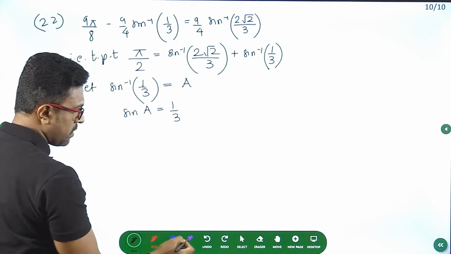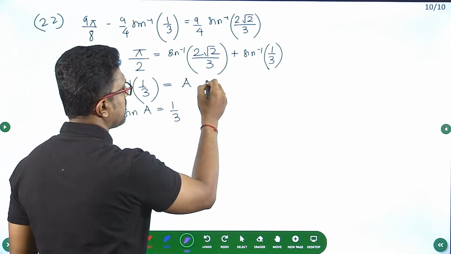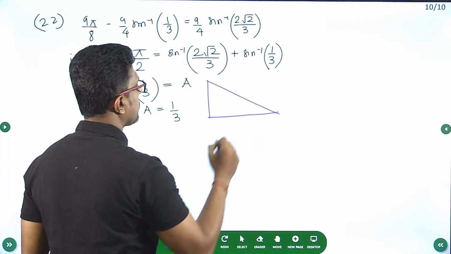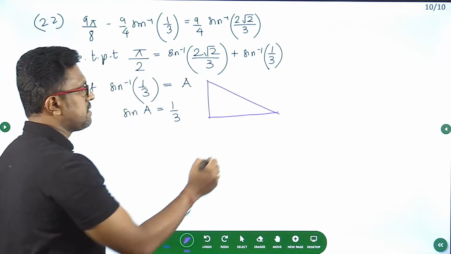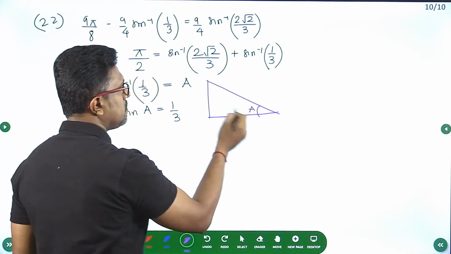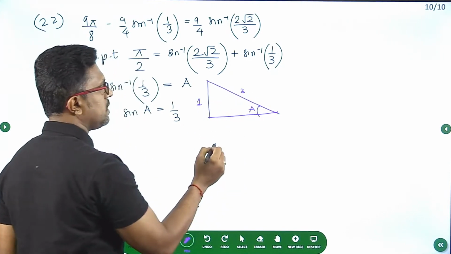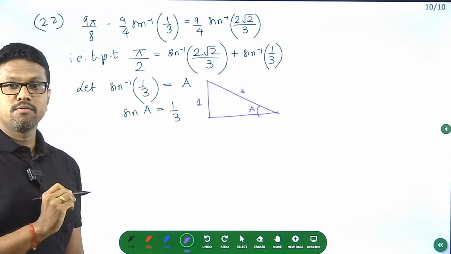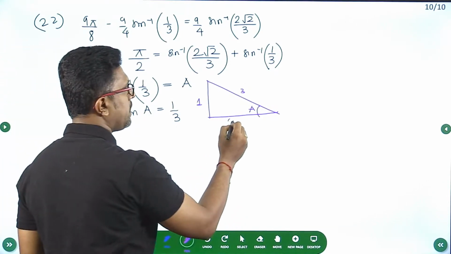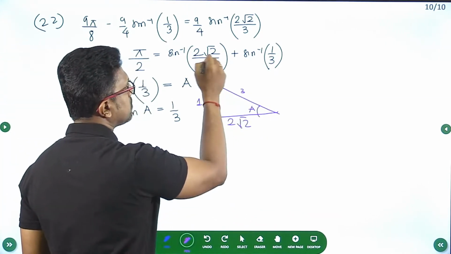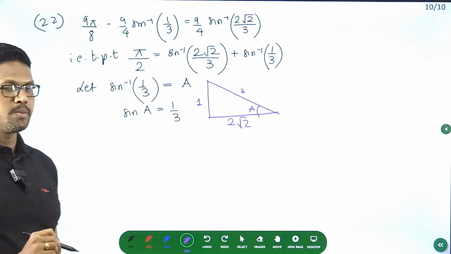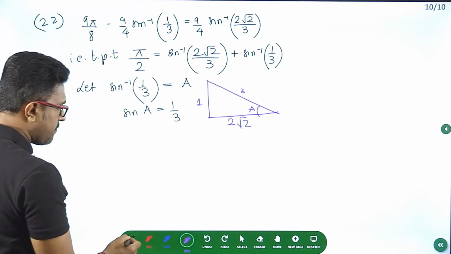If we draw this as a triangle, if this is angle A, then the opposite side should be 1 and the hypotenuse should be 3. So 9 minus 1 will be 8, root of 8 will be 2 root 2. You can see 2 root 2 was in the calculation anyway. So now I can find cos.